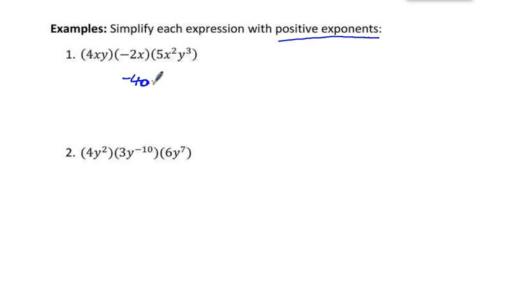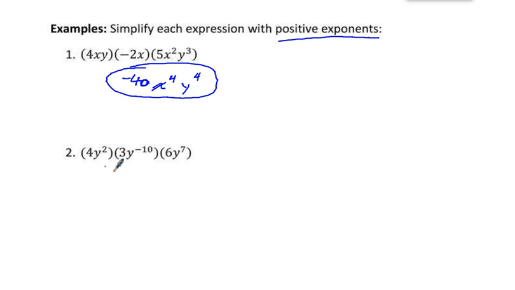Now we can multiply the x's. X to the first times x to the first times x squared, and we're going to add those exponents to get x to the fourth. Y to the first times y cubed is y to the fourth, again as you add exponents.